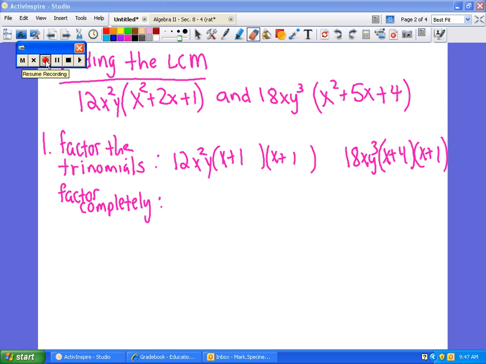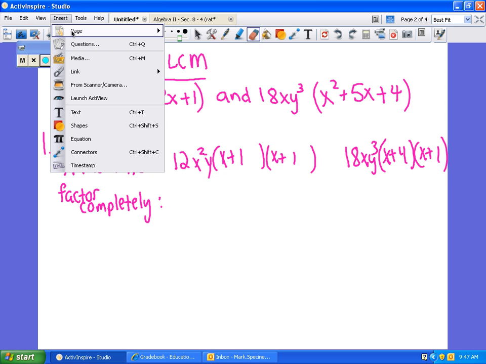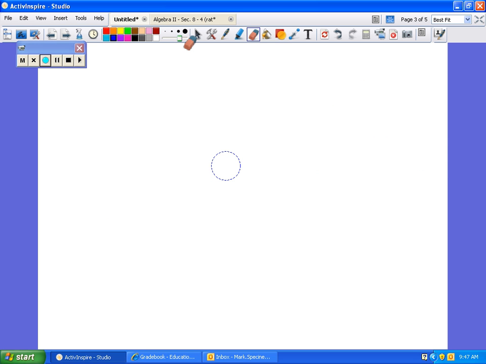okay, so the next step is to deal with the numbers, the 12 and the 18. And for that we're going to do a prime factorization. So if that doesn't come readily to you, all you have to do is make factor trees. So my two numbers were 12 and 18.